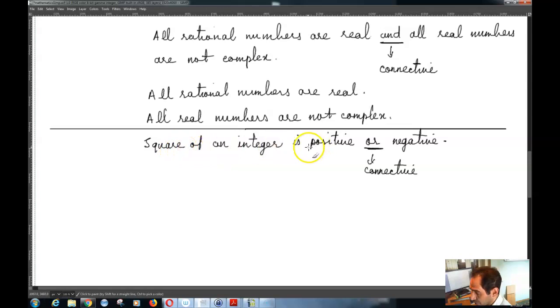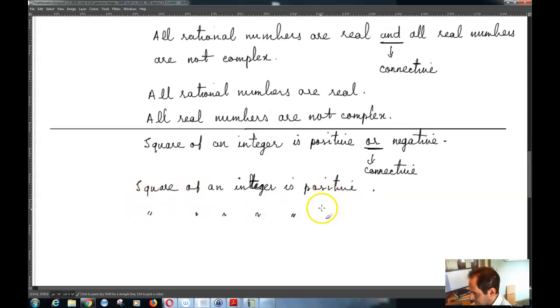So you say the square of an integer is positive. And also you can say that the square of an integer is negative. And then the connecting word or the connective is or. So these are the two component statements.